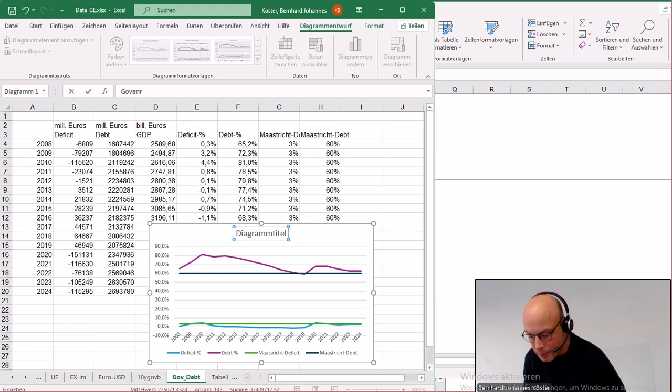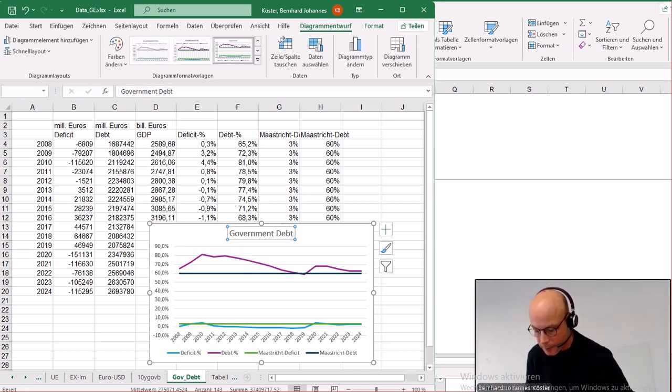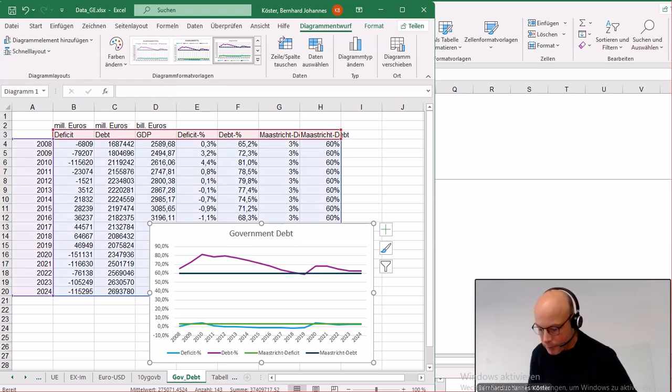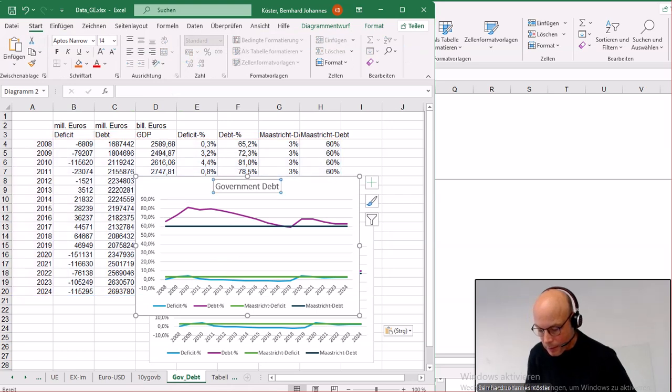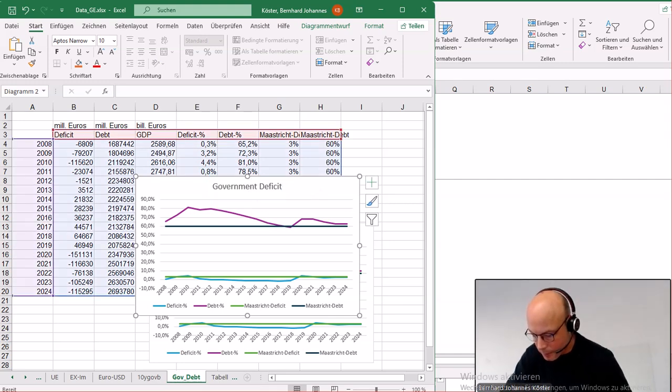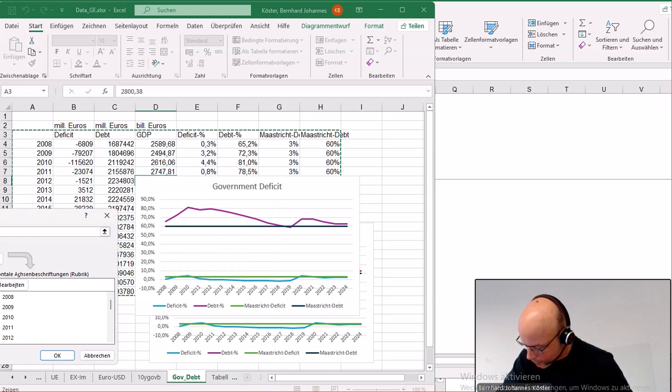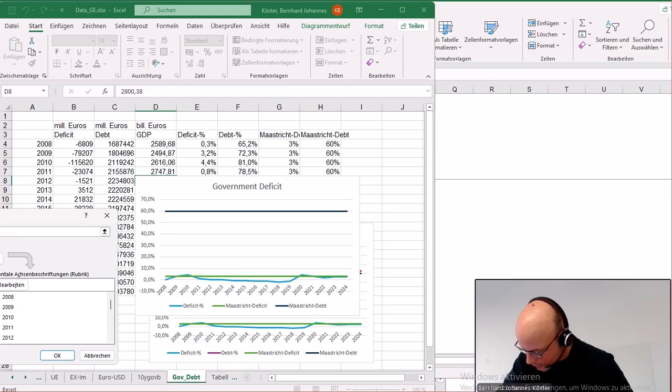Government debt and government deficit. This is deficit, so this we want to get rid of.